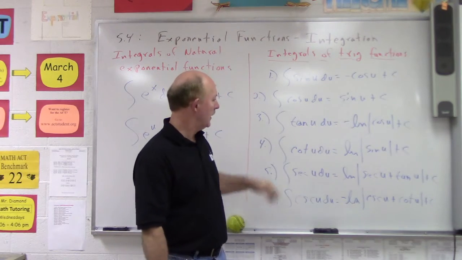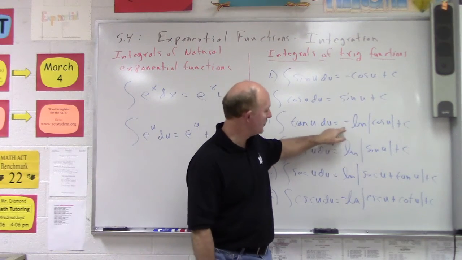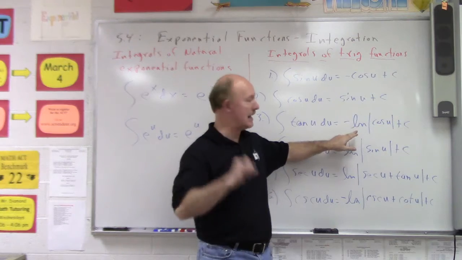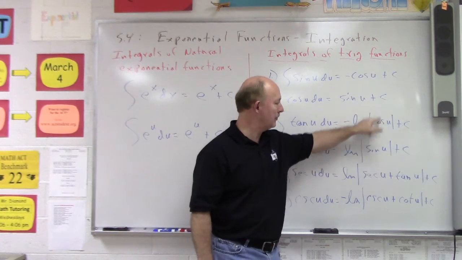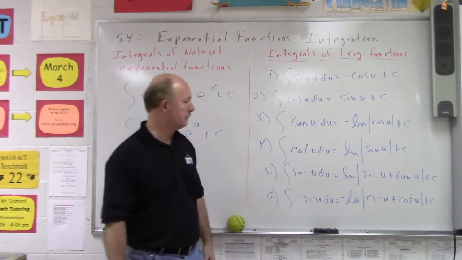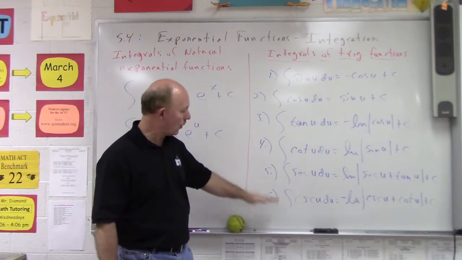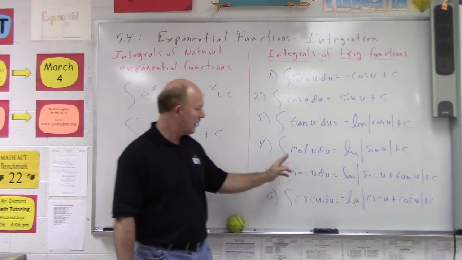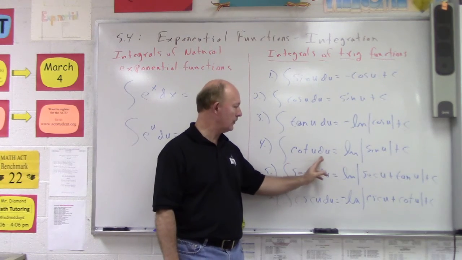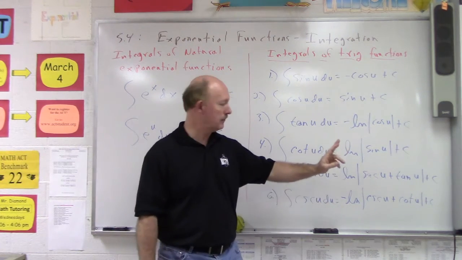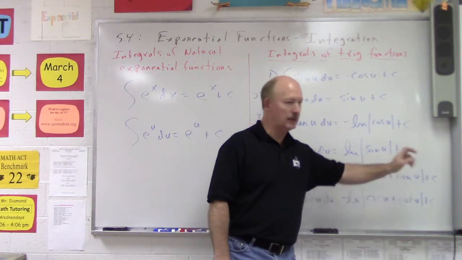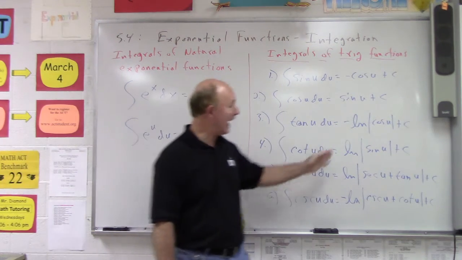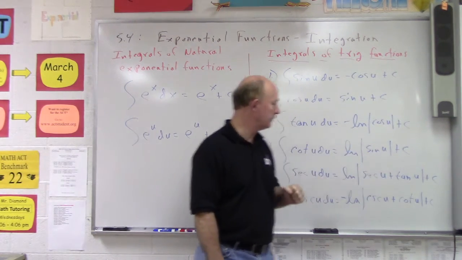So the antiderivative of tangent u du is negative natural log of the absolute value of cosine u plus c. These last 4 involve natural logs. Number 4, the antiderivative of cotangent u du is natural log of the absolute value of sine u plus c.